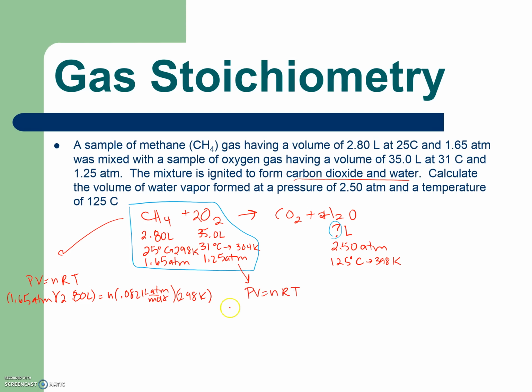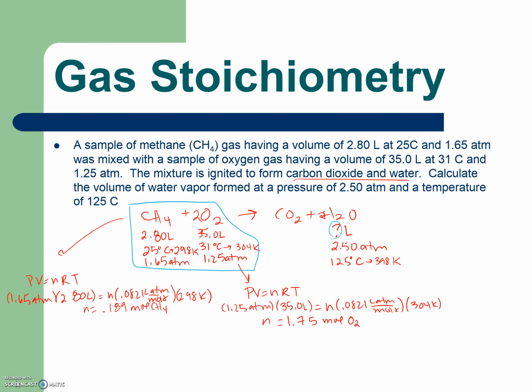So my pressure is 1.25 atm. My volume is 35.0 liters. My moles is what I'm looking for. I have 0.0821 liters atm over moles Kelvin, and my temperature is 304 Kelvin. Go ahead and pause and solve those.